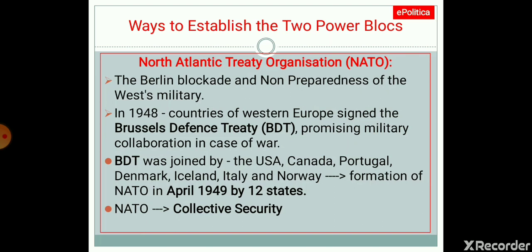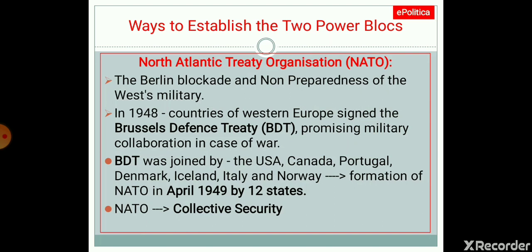So this Brussels Defense Treaty was very important for security purposes. Interestingly, this BTD was joined by countries like USA, Canada, Portugal, Denmark, Iceland, Italy, and Norway. And later, this BTD was reformulated as NATO.